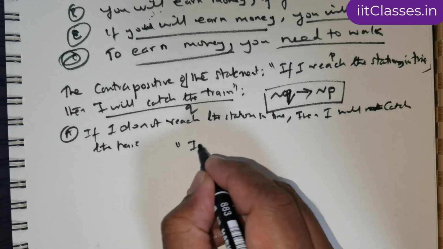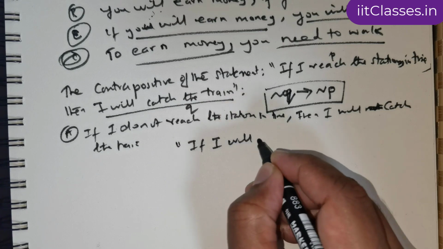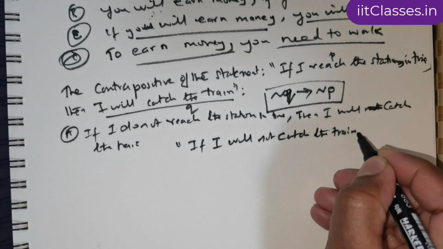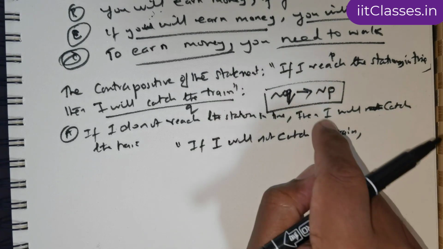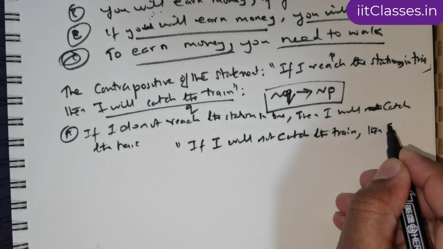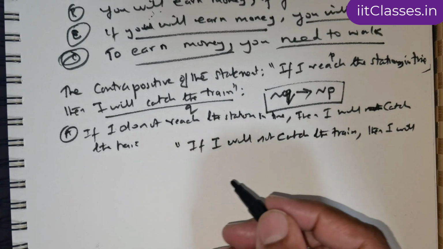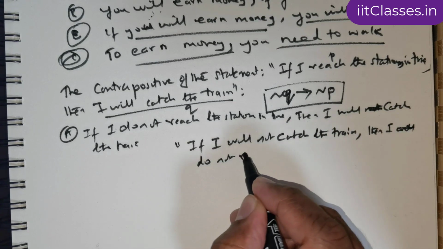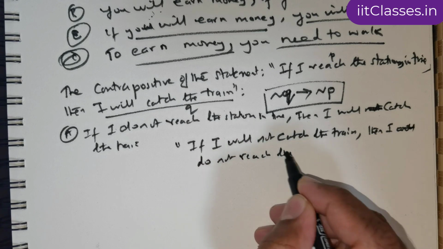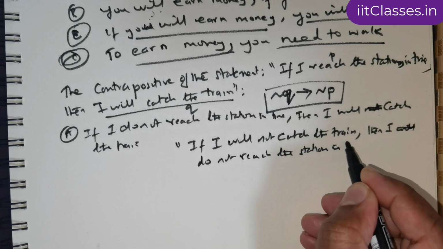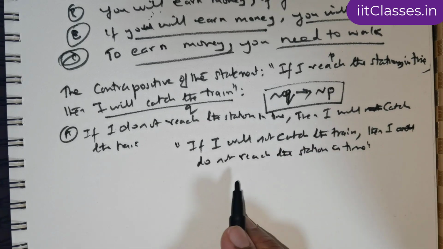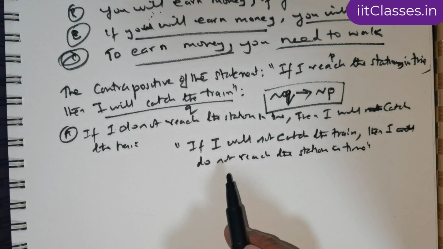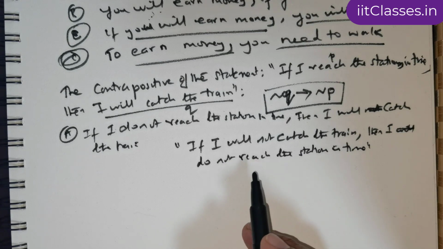So it's going to be like this: if I will not catch the train, followed by the negation of this, then I do not reach the station in time. So if you were to observe the choices, clearly you can see that the first choice is stating as, if I do not reach the station in time.